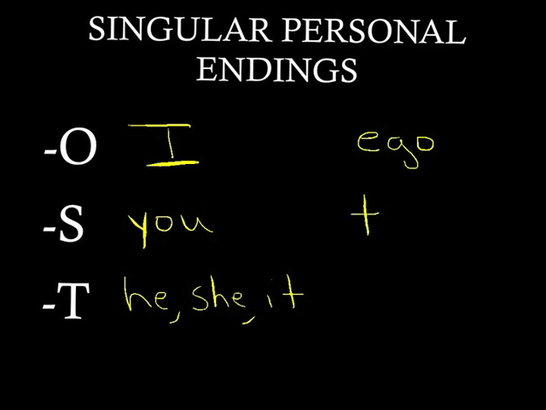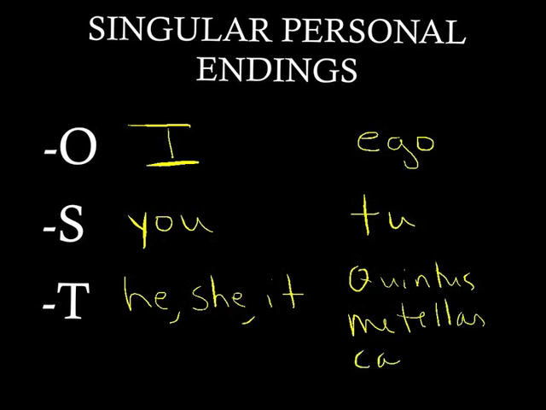Same thing with an S verb. There may be tu in the beginning of the sentence that means you. He, she, or it verb, there may be Quintus or Metella or canis. And if that's the case, great. But eventually you're going to realize that the Romans didn't always include pronoun or noun subjects because they didn't need to, because the subject could be determined from the verb ending.